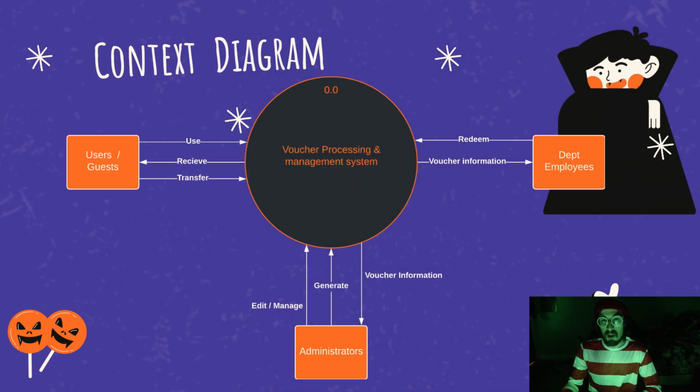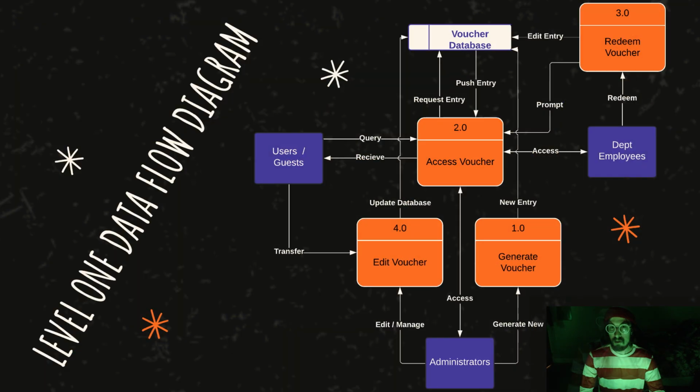And here we have our context diagram. Deceptively simple, and yet quite tasteful. There are 3 different entities involved with this ritual, such as the employees, the administrators, and, scariest of all, the guests.